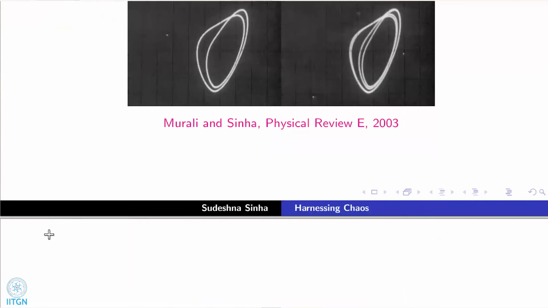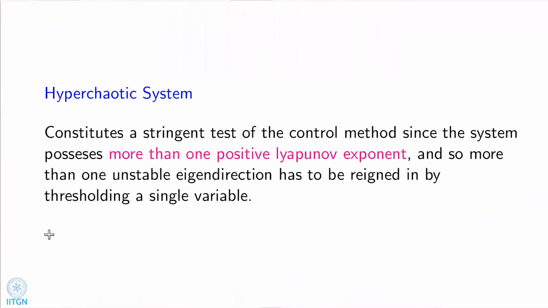Right. True. So, the last somewhat stringent test was a hyperchaotic system. This was a system with more than one positive Lyapunov exponent. So one way of seeing it is that it has more than one unstable eigendirection. So the question was, can I clip one variable here and still rein in the full system?